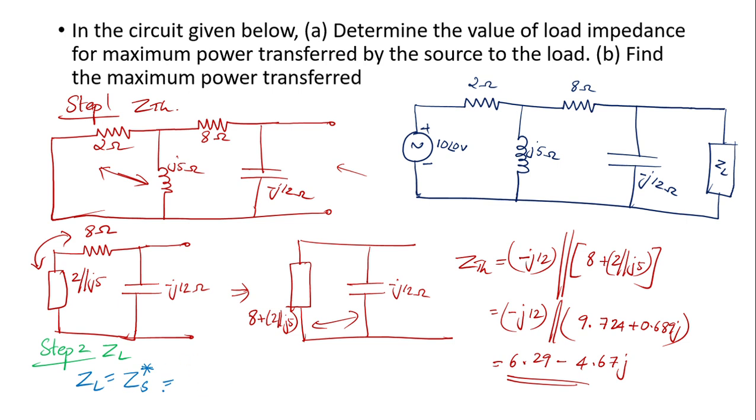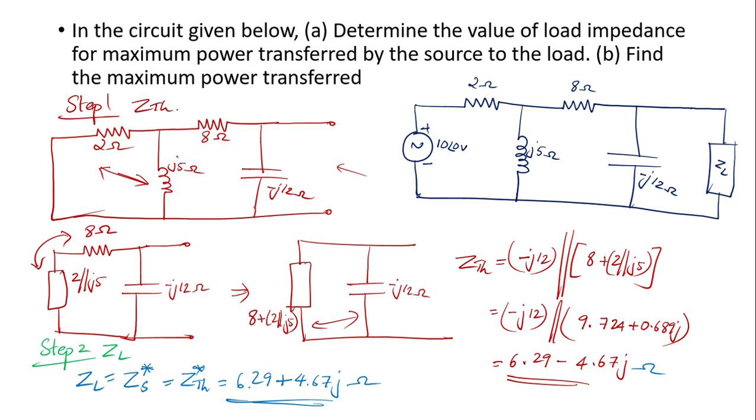The source impedance is the same as ZTH, so you need to take the complex conjugate of ZTH. You just replace this sign with the opposite sign. So I need to write it as 6.29 plus 4.67j. So this is your load impedance.